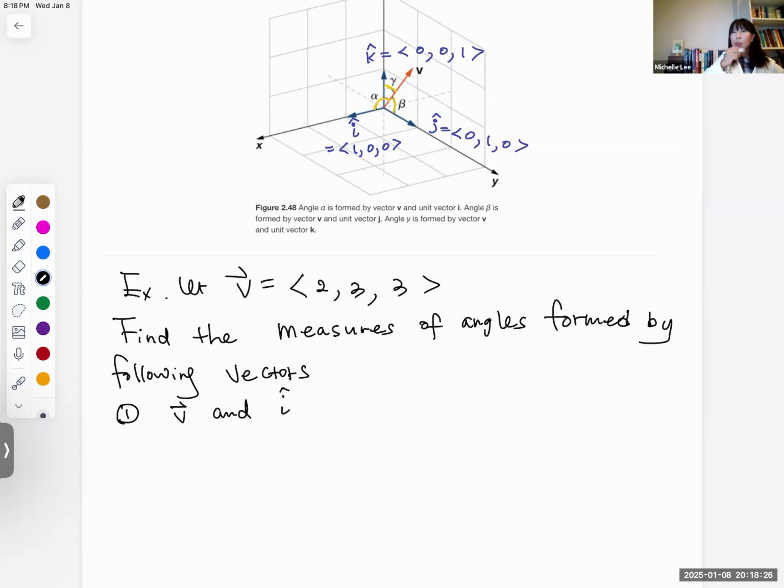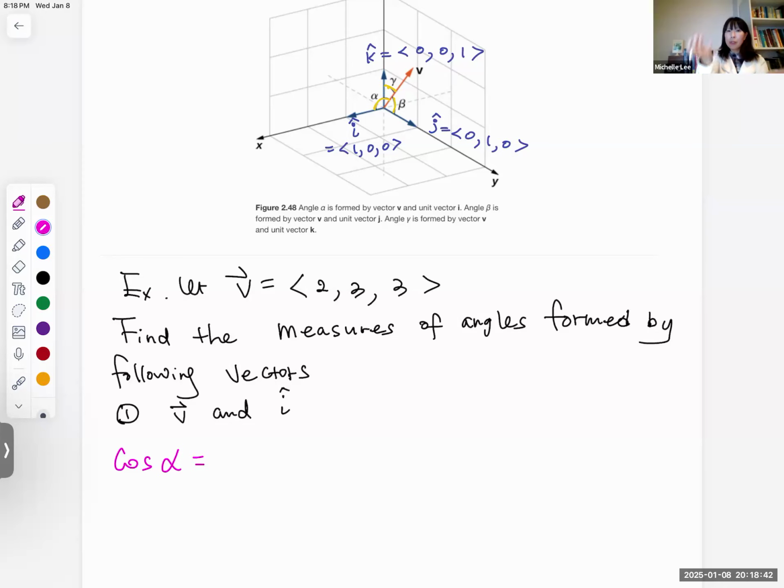Then cosine alpha. We had a cosine theta earlier. What's the formula?